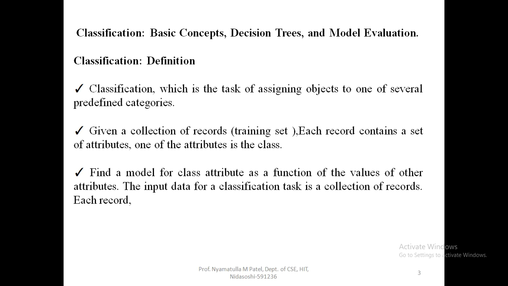So let us start with the definition of classification. This chapter is classification, basic concepts, decision tree and model evaluation. What is the definition of classification? Classification is the task of assigning objects to one of several predefined categories.